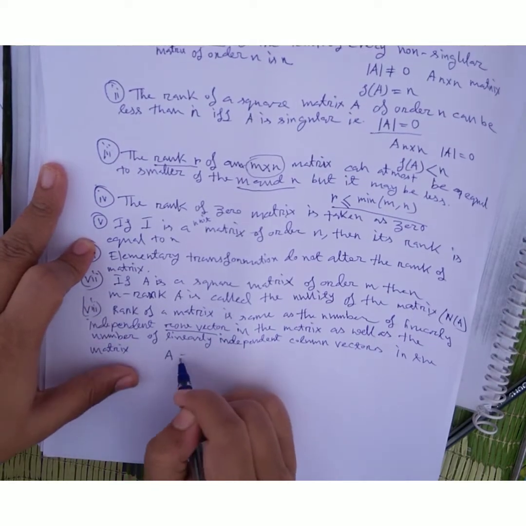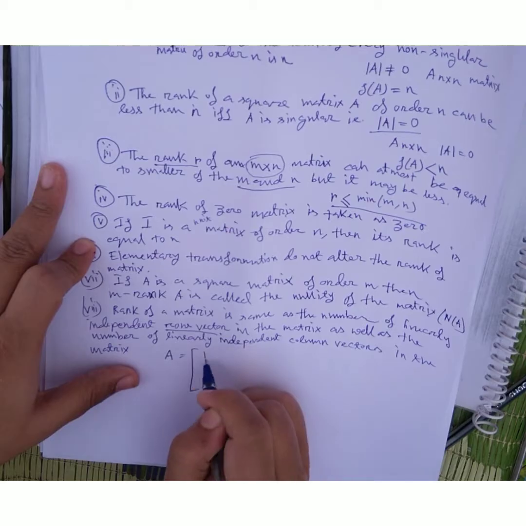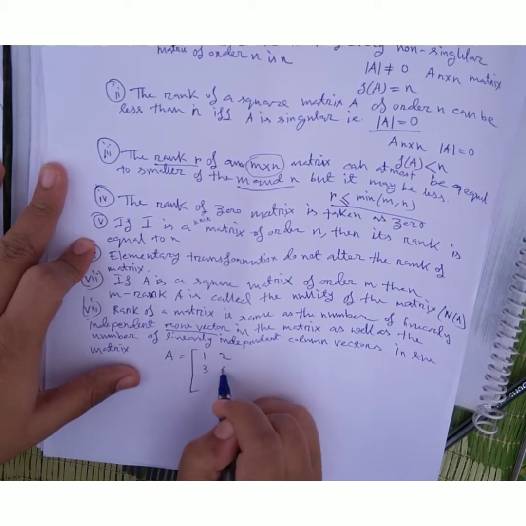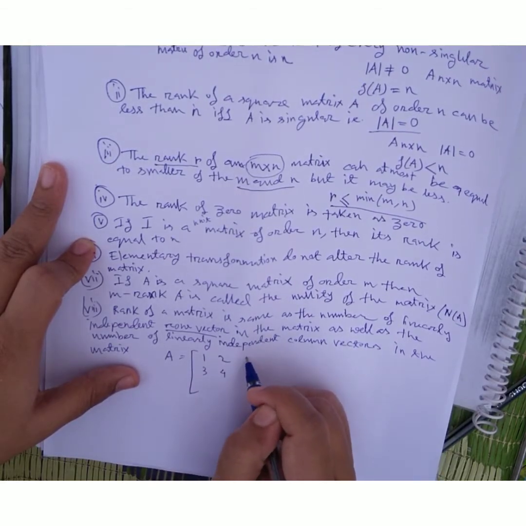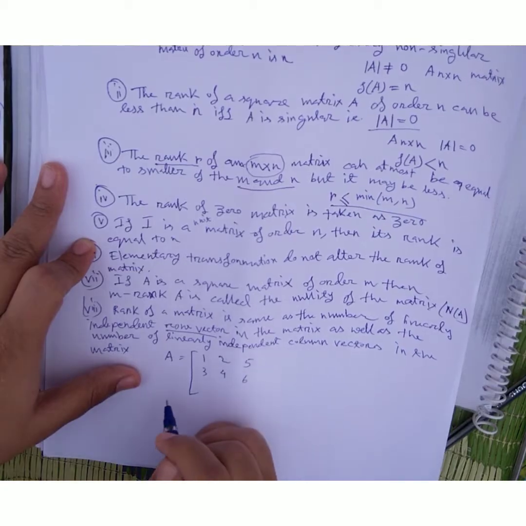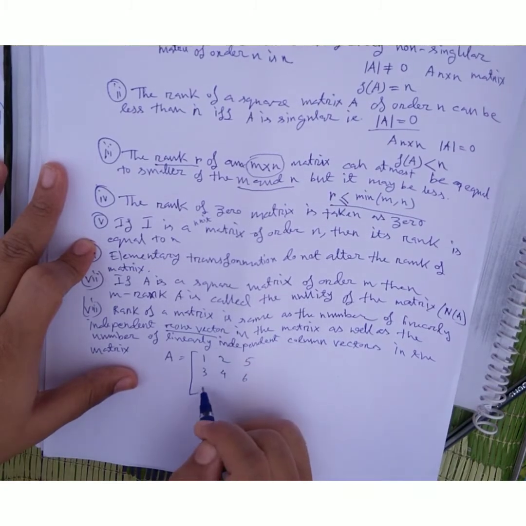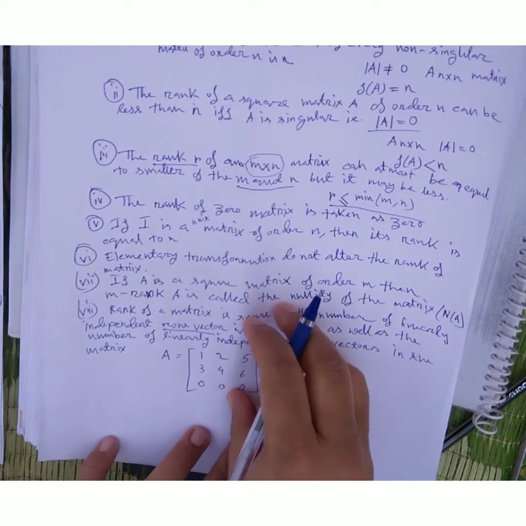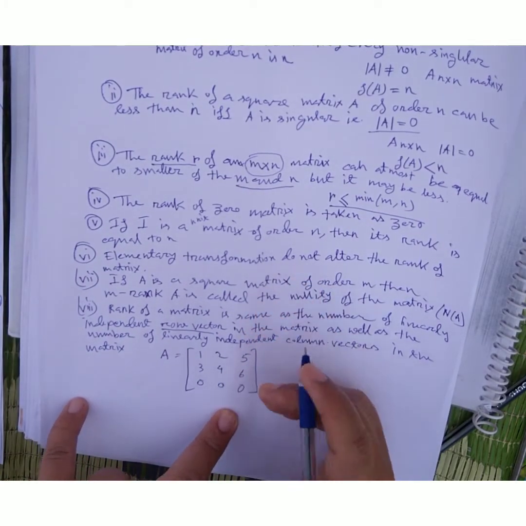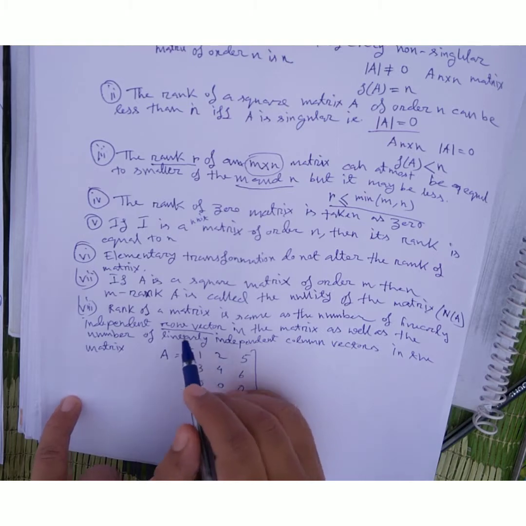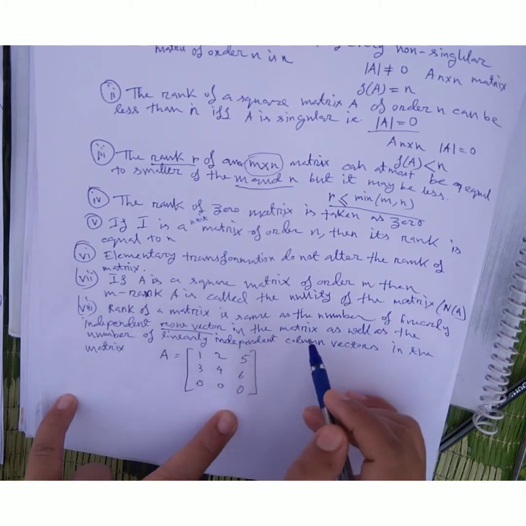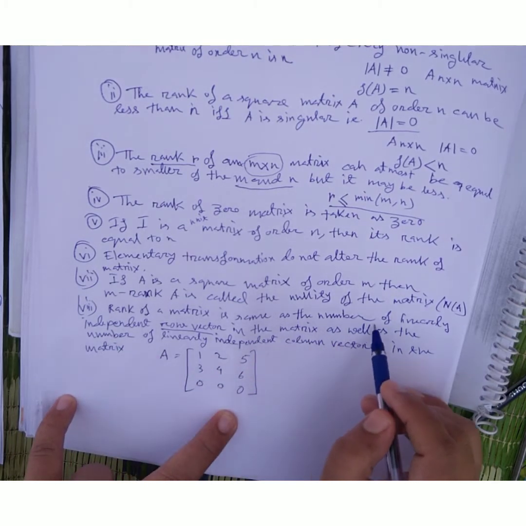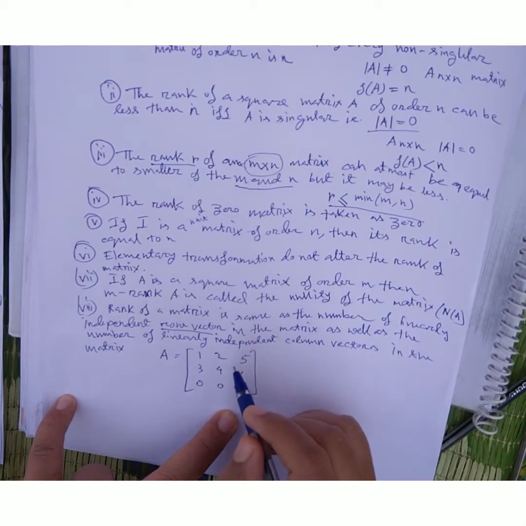A is equal to, I can write, 1 2 3, 4 5 6, 0 0 0. Friends, this is very, very simple.